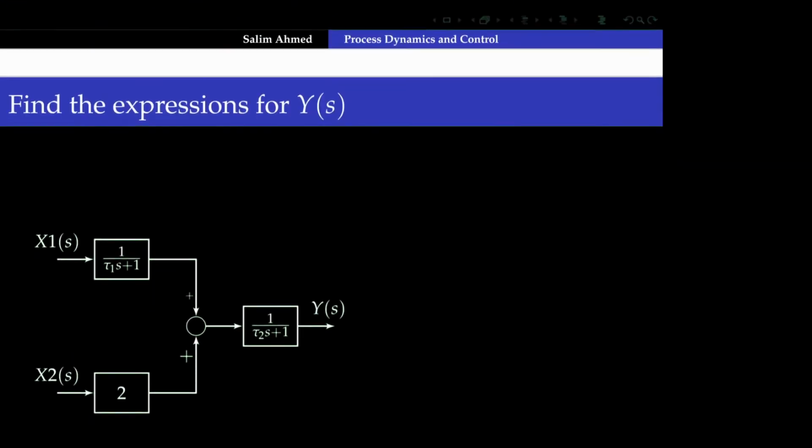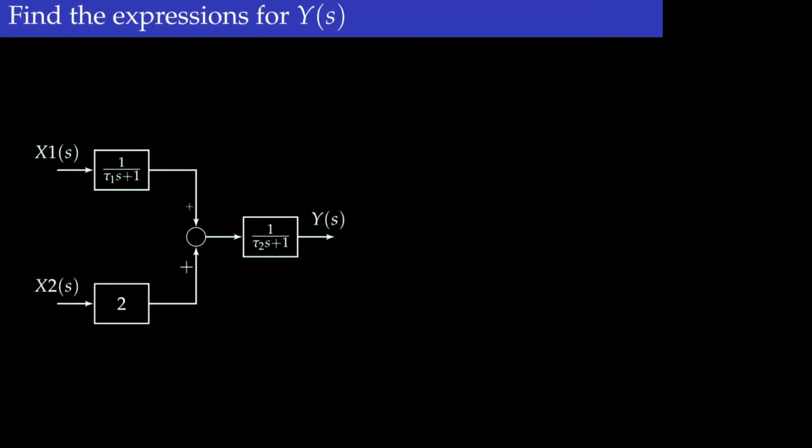Now let's see what we can do for this case. Let's find out the expression for Y(s) for this case. Again, if I give names to the signals, this one is M1, this one is M2, this one is M3.